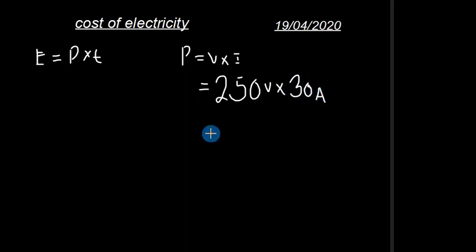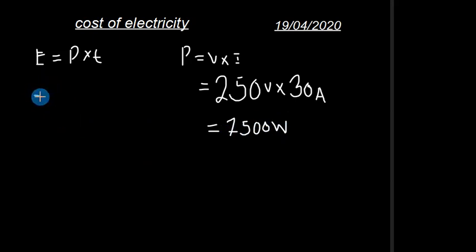So when we multiply here, we are going to get 3 by 25 is 75. Then we have two zeros, the 0 from the 30 and the 0 from the 250. So that will give us 7,500 watts. And like I said, we don't want power in watts but in kilowatts.